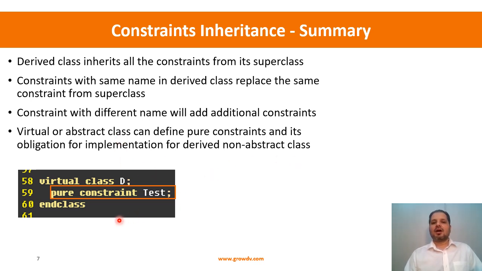The same concept can be applied to constraints as well: you can just declare a pure constraint and give the name of the constraint. You don't even have to tell which variables or any other details. You just say pure constraint and the name of the constraint, and it provides an obligation for the non-abstract derived class to implement that particular constraint.